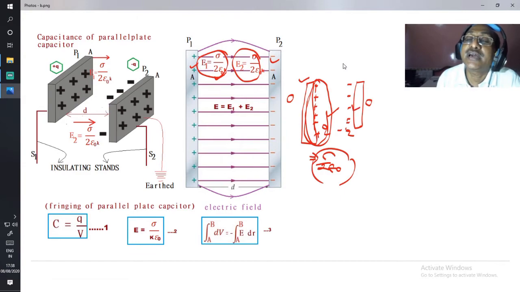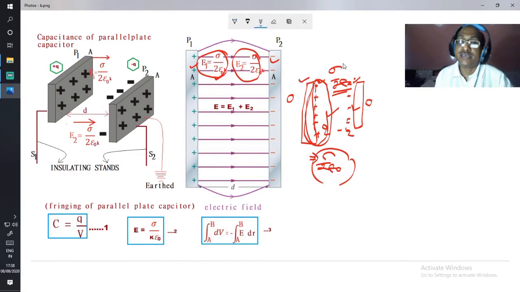Similarly, plate P2 will also produce sigma over 2 epsilon naught. These two plates, P1 and P2, behave just like a plane sheet of charge.